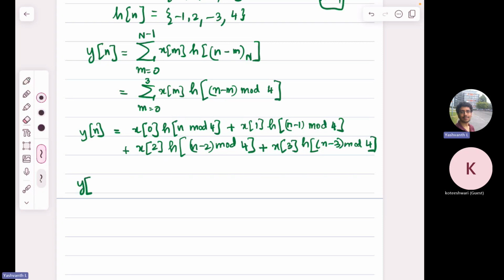So basically then what we need to do, we need to evaluate for n equal to 0 first.